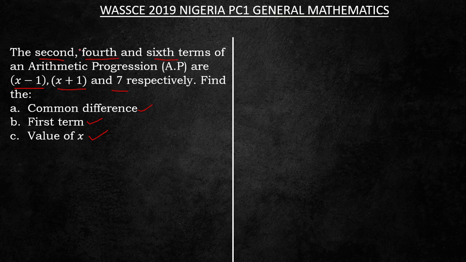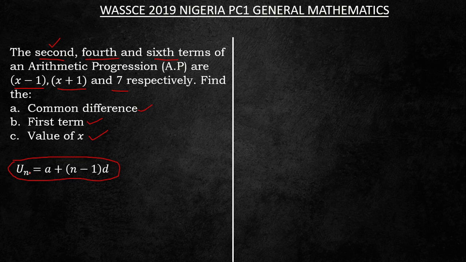Okay, so with this question, it means that the second term is equal to x - 1, the fourth term is equal to x + 1, and the sixth term is equal to 7. Now to solve this question, we are going to use this formula for writing the nth term of the AP.